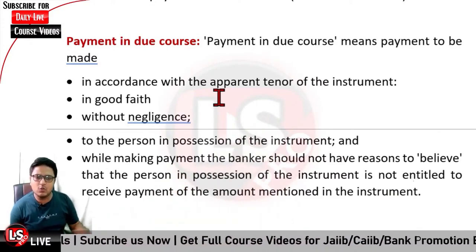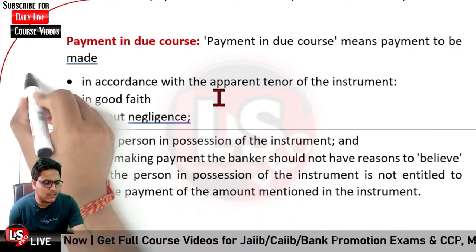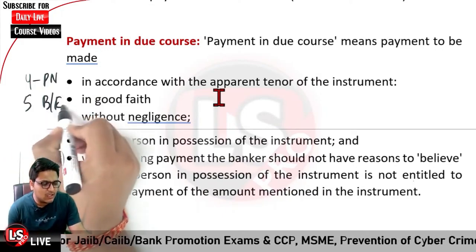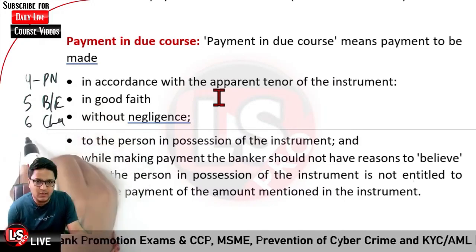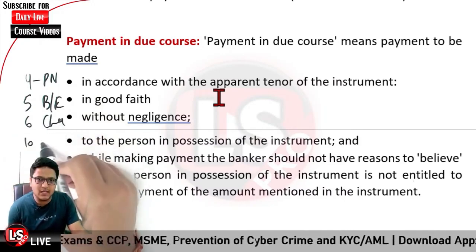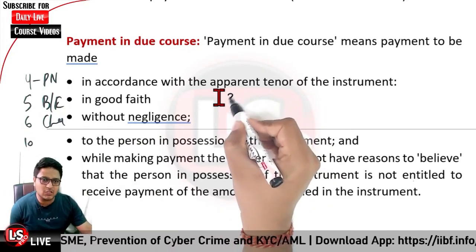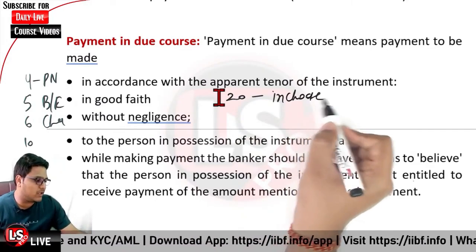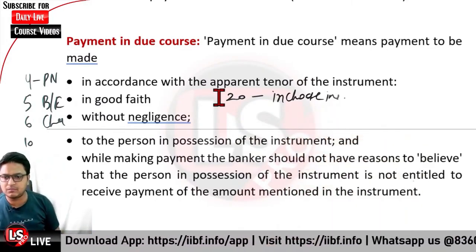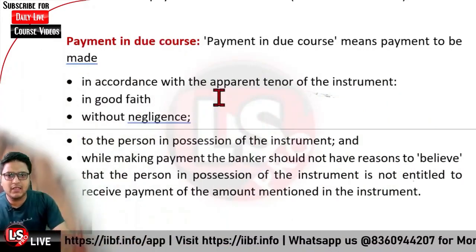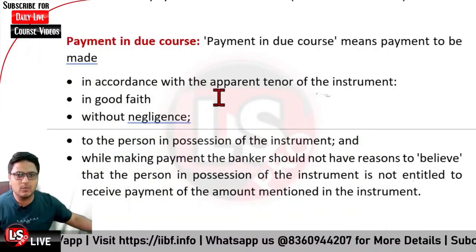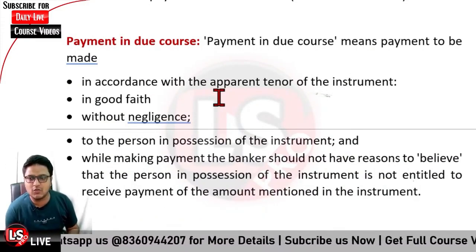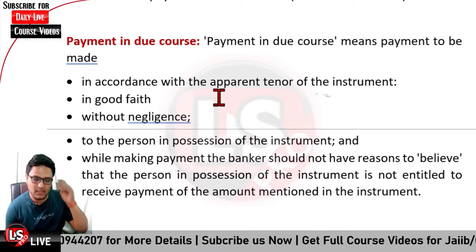Let me tell you, we studied section 4 regarding promissory note, section 5 regarding bill of exchange, section 6 regarding checks, then section 10, payment in due course, then section 20, which was related to inchoate instruments. Okay, so I will let you know which important sections you need to memorize, and further we also studied section 31 regarding the statutory obligation on the bank to pay the check.